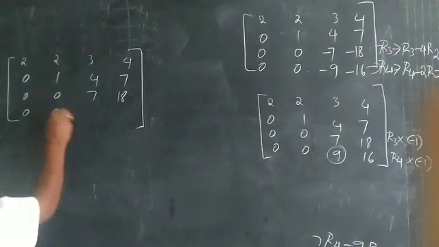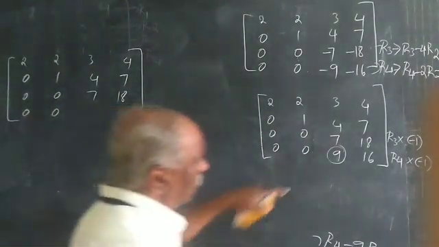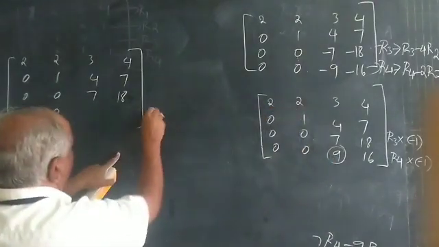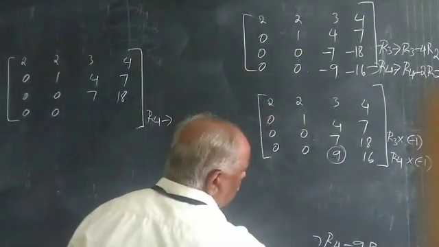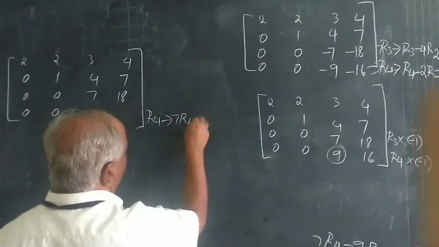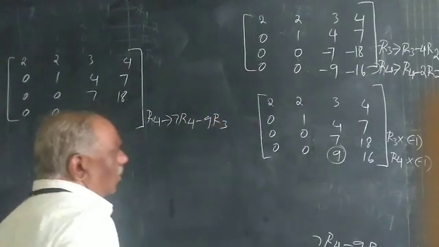Fourth row, 0, 0. Now, what is the operation? R4 reduces to 7 R4 minus 9 R3.